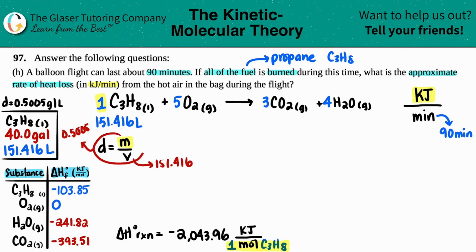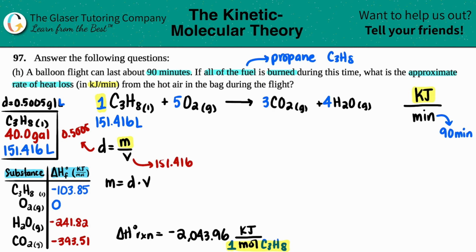And if I just quickly manipulate this formula to solve for mass, it would be M equals D times V. So I can just times these two values together. And I just do a quick check to make sure that the volume liters are the same, but this one is per liter and this is per liter as well. So we're good.